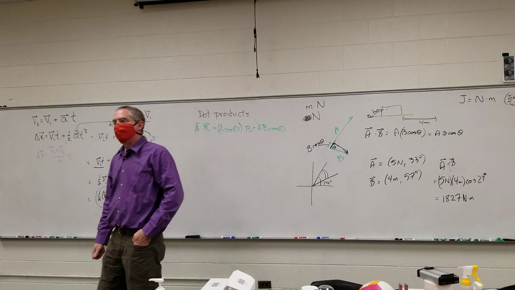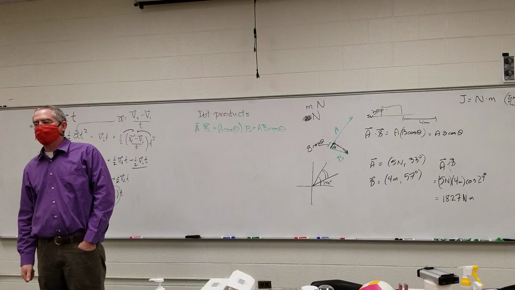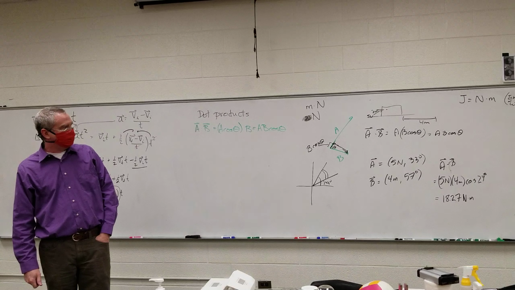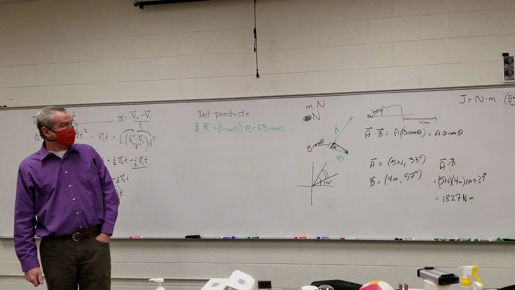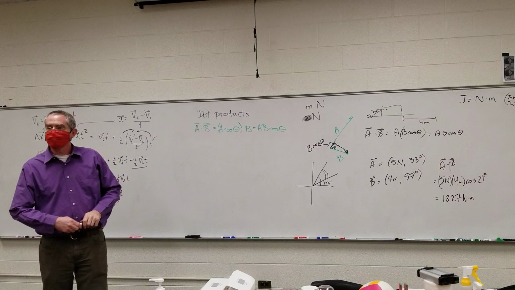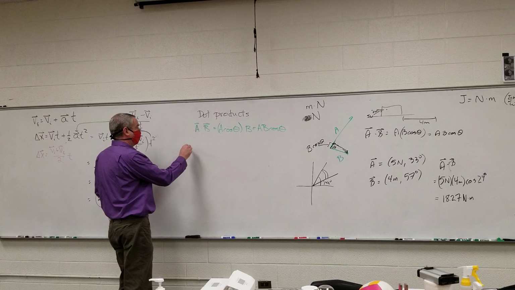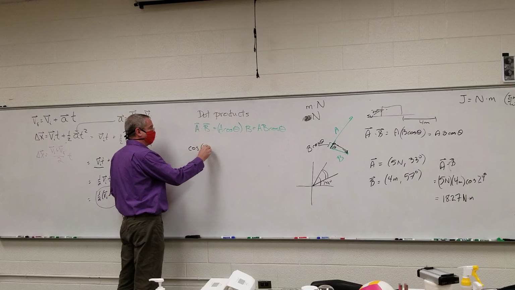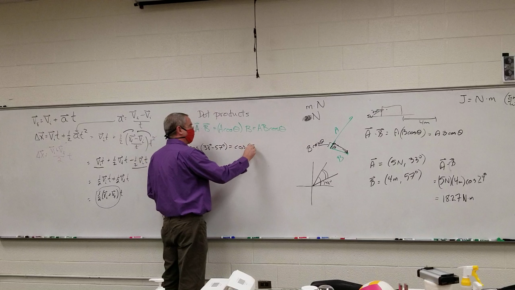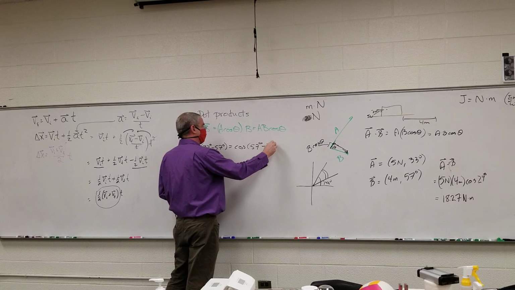Then, to get the cos 24, do you have to always subtract the 57, the bigger number, from the lesser number? No, you could have done 33 degrees minus 57 degrees. The cosine is an even function. So the cosine of 33 degrees minus 57 degrees equals the cosine of 57 degrees minus 33 degrees.